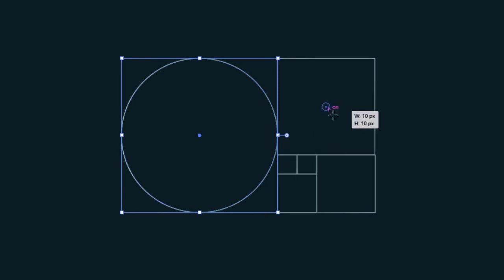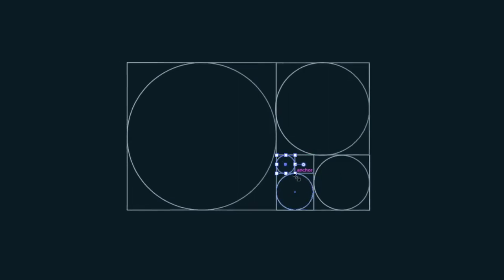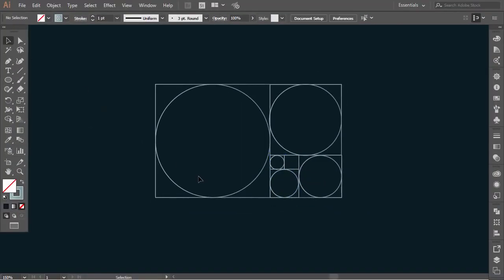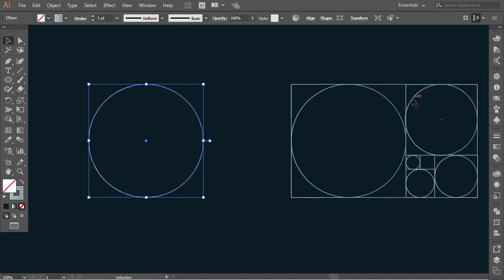Now repeat the same process to make a circle for each square. Drag every circle outside of the rectangle.